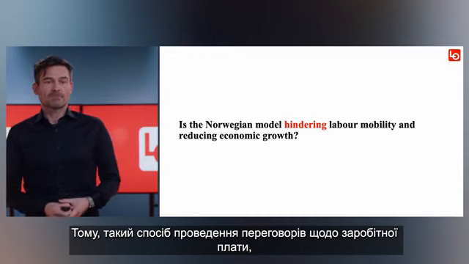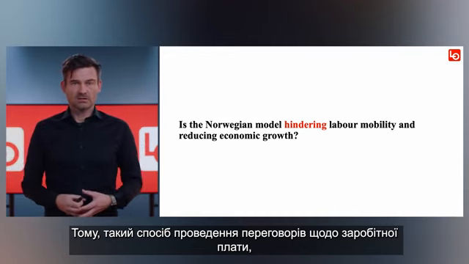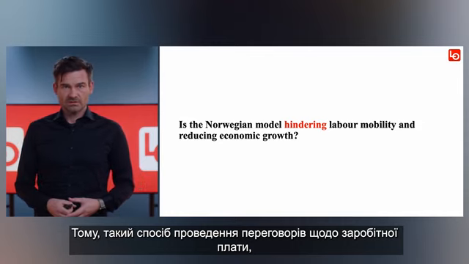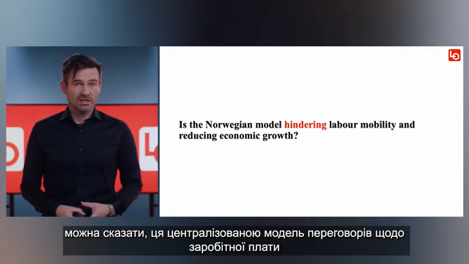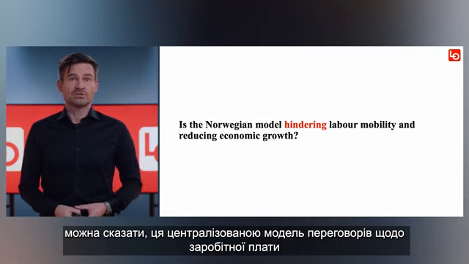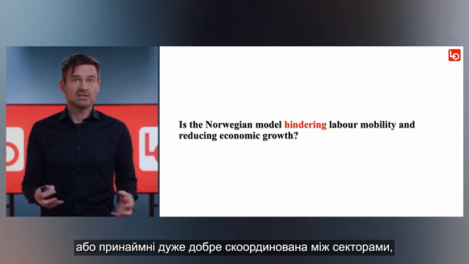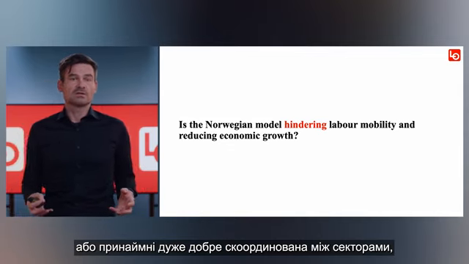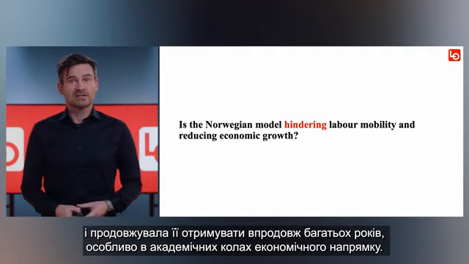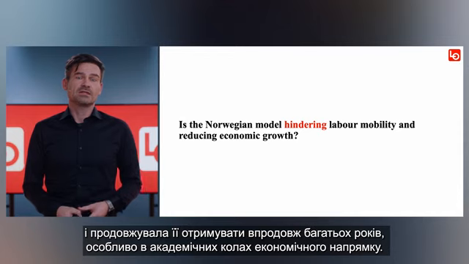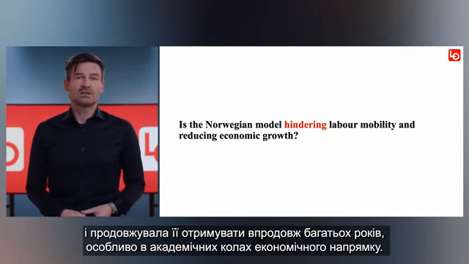So this way of conducting wage negotiations, you might say it's like a centralized model of wage negotiations, or at least very highly coordinated between sectors, has received some criticism, and did for many, many years, especially within economics, in academia.